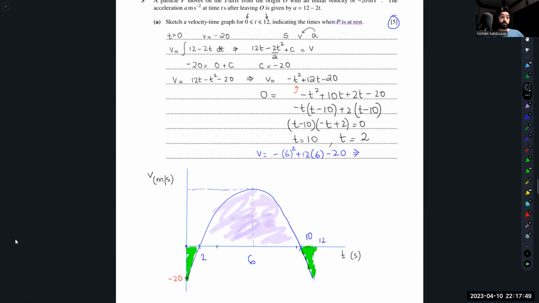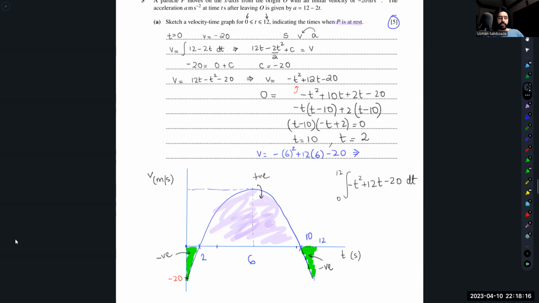If it were displacement, you would have simply integrated from 12 to 0 with the velocity equation in the middle. That would have given you displacement. This is negative displacement, positive displacement, negative displacement. So by putting 12 and 0, you would have gotten the overall displacement.